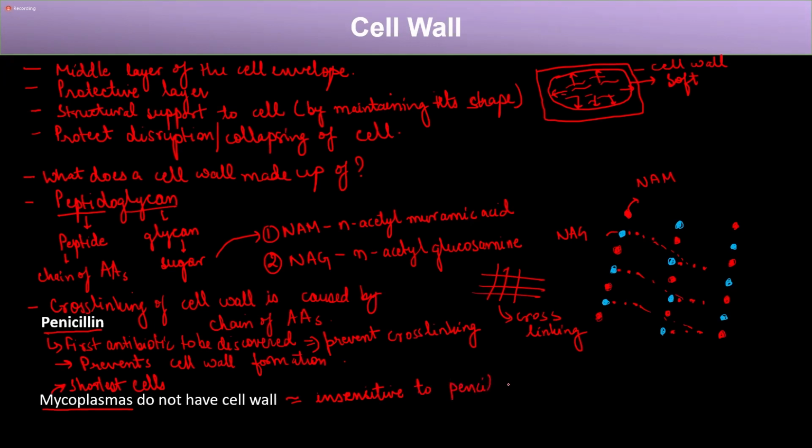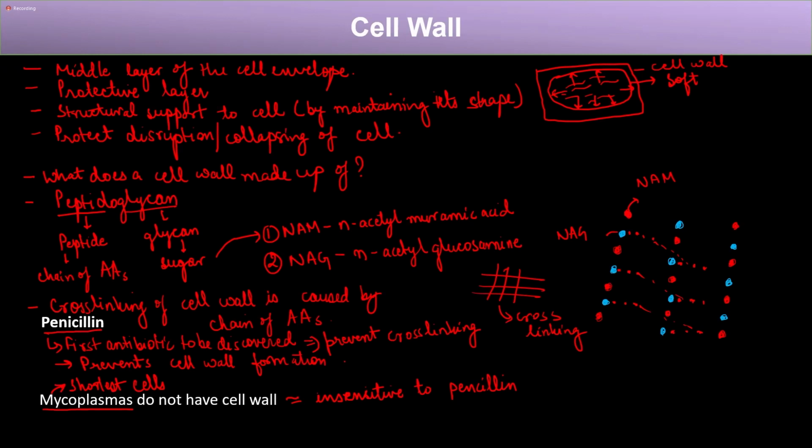Any antibiotic that prevents cross-linking or cell wall formation will not work on mycoplasma. So if someone has a mycoplasma infection, they must be given another antibiotic.